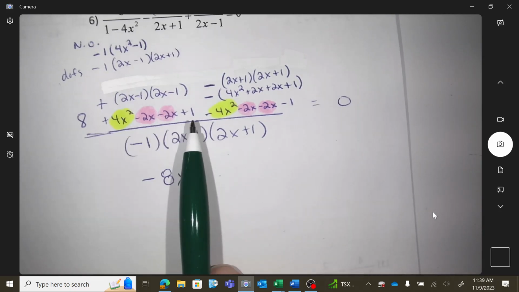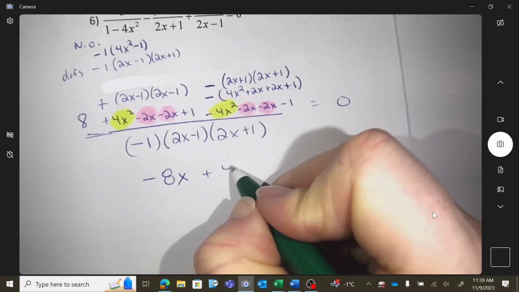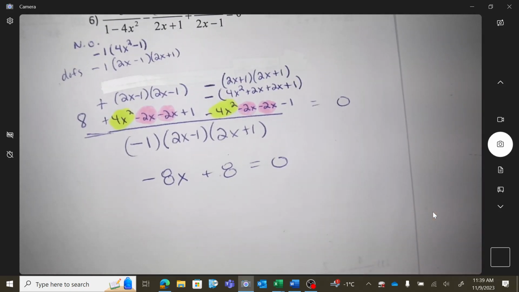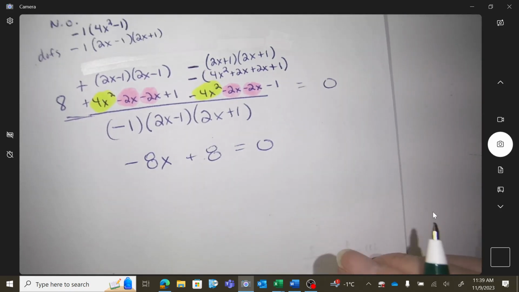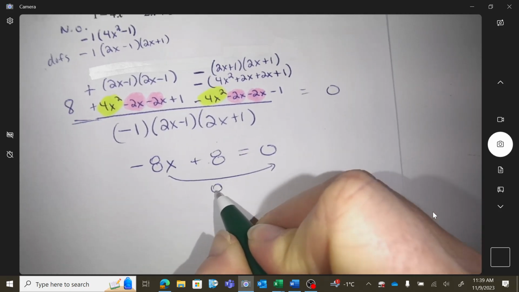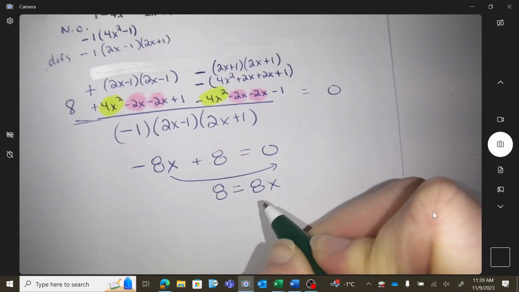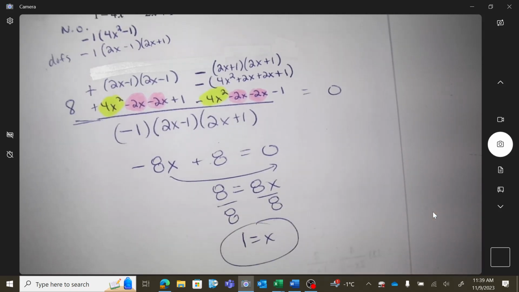And 8 plus 1 minus 1 is the number. So 8. I'm going to add 8x. This is algebra, isolation algebra.